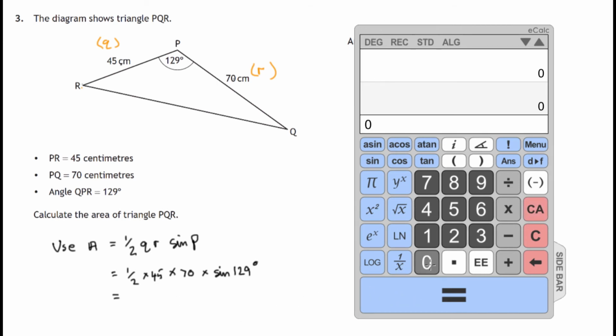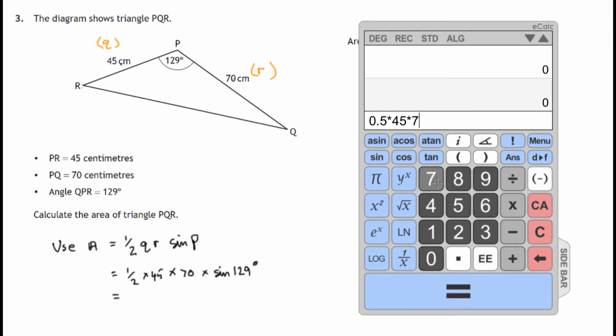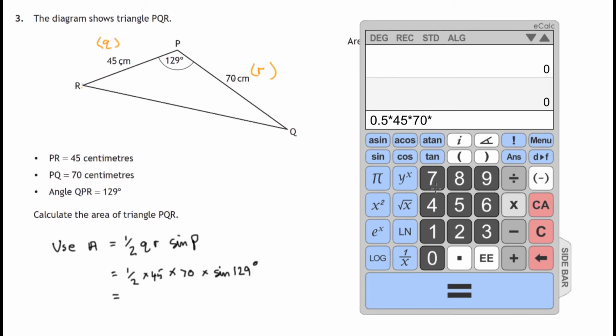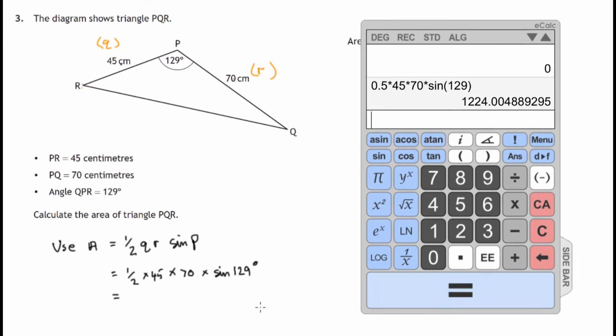So we've got a half, 0.5, times 45, times 70, times the sine of 129 degrees. That gives us 1,224.00 and so on.